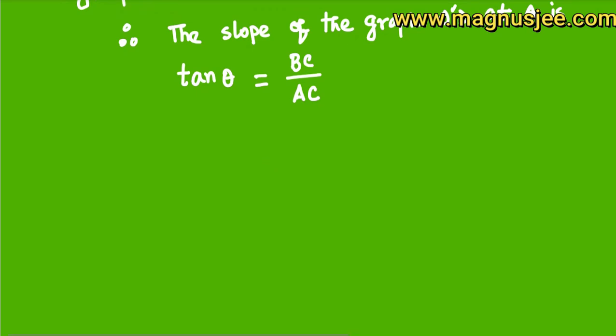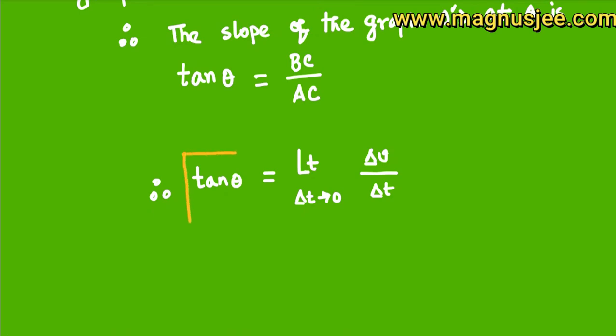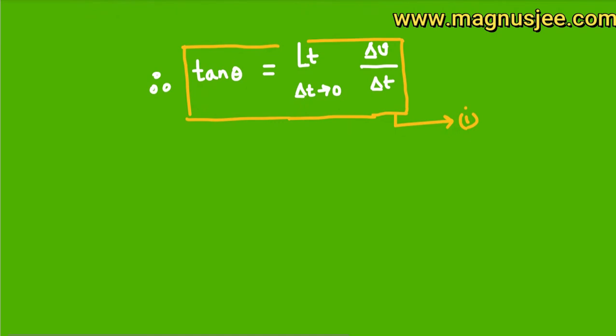Now tan theta will be equal to, putting the expressions of BC and AC, limit delta T tends to 0, delta V by delta T, where BC is delta V and AC is delta T. As the interval of time delta T is very small, that's why we have written limit delta T tends to 0.